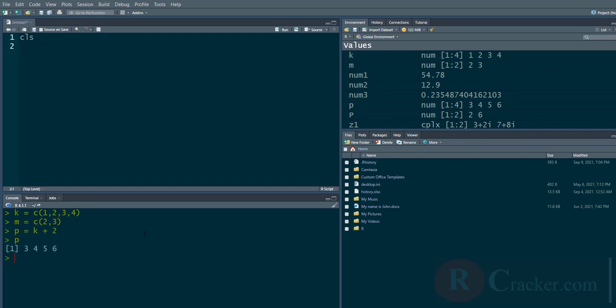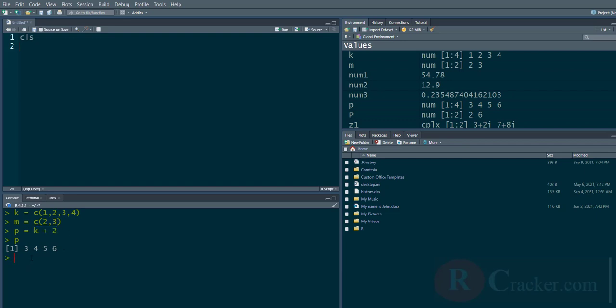In this case the values of k: 1 added with 2 is going to be 3, 2 added with 2 is going to be 4, 3 added with 2 is going to be 5, and 4 added with 2 is going to be 6. So these are the values for this expression, right?